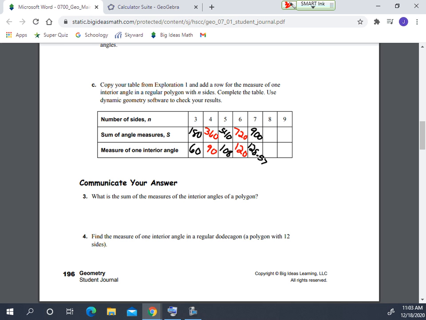And then we have 1080 divided by 8, that's 135. And lastly, we have 1260. Divide that by 9, and we get 140.